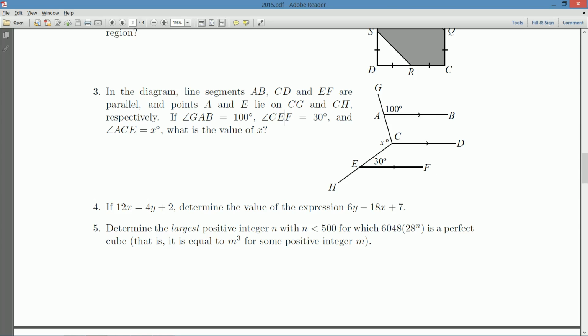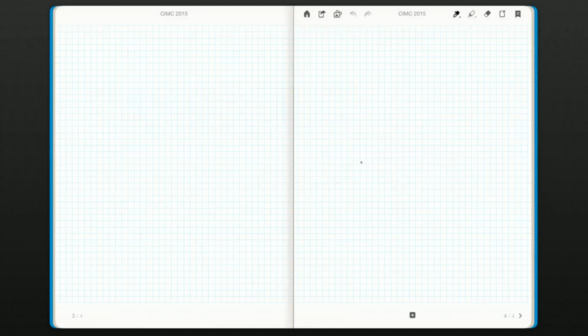Before we go anywhere, how about we reproduce the diagram in our notebook? That way we can mark it up however we want.